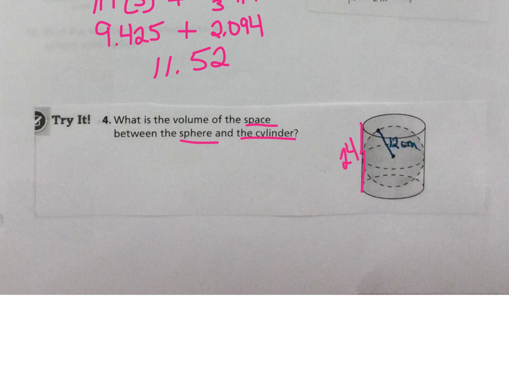So what we're going to do is find the volume of the cylinder. If you dropped a ball into a can and it was full of water, that water is going to come out, right? It's going to lessen the volume. So then we subtract the volume of the sphere.